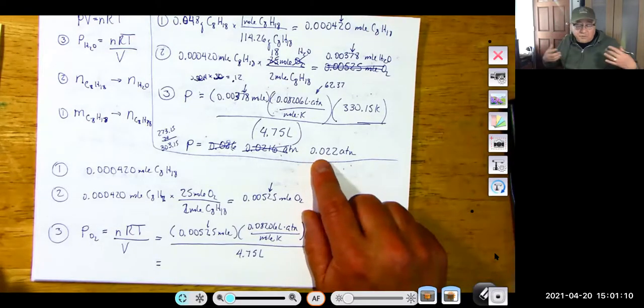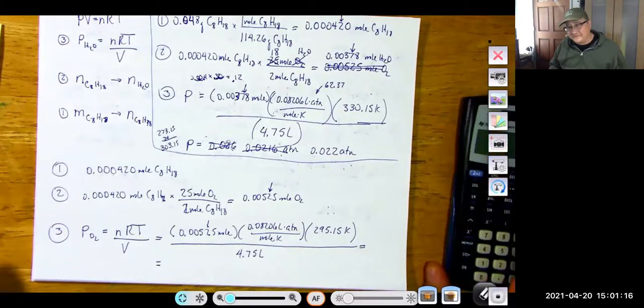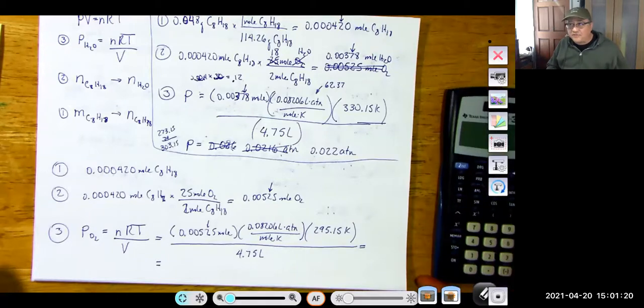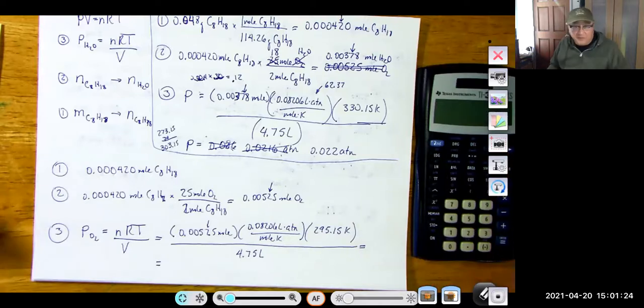So I'm thinking 0.025, 0.030, something like that, maybe. So the thing about estimating is you don't have to do it from nothing. You can do it from stuff you've done before also. Does that make sense? Mm-hmm.